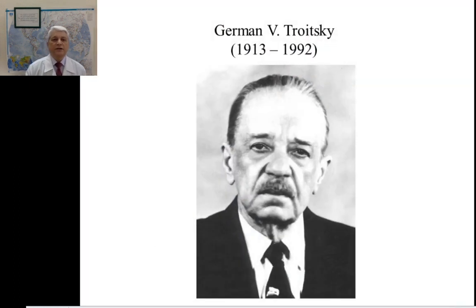This was not clear for a long time, and the first man in the world who discovered that the main type of secondary structure of immunoglobulins is beta structure was a very famous scientist, German Vasilievich Troitsky, professor who was the head of the Department of Biochemistry of our university for many years.